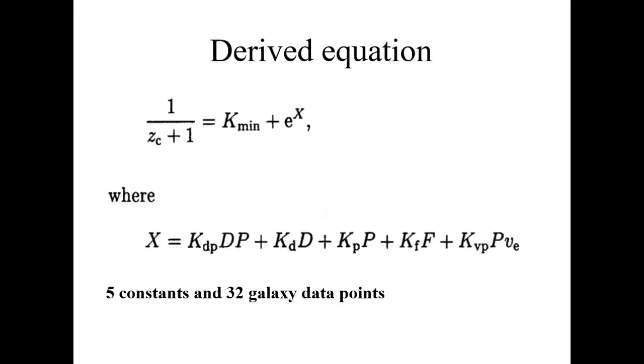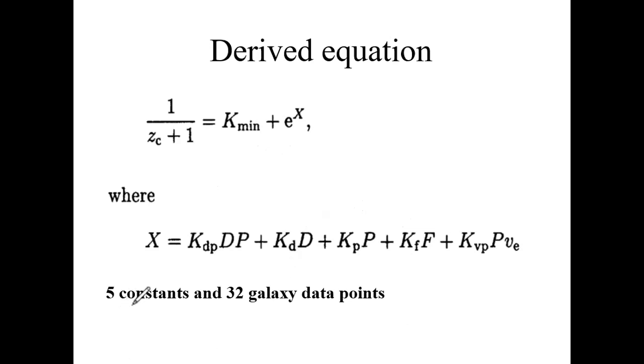The derived equation in the STOE model is this. There are 5 constants, these Ks, and these are calculated. The P and all are what's happening to the rho as the light comes from the galaxy to us.